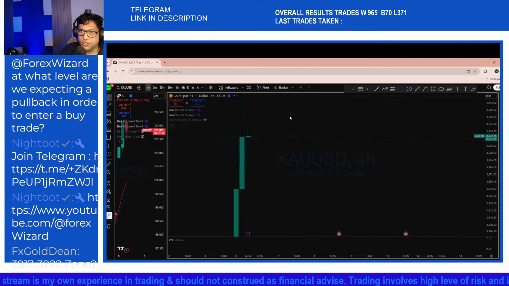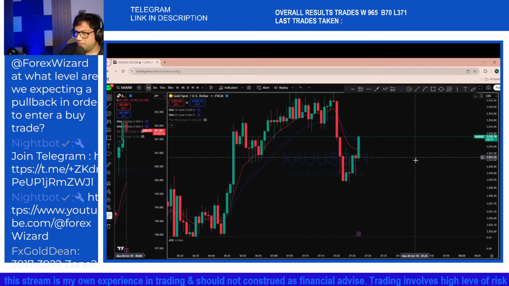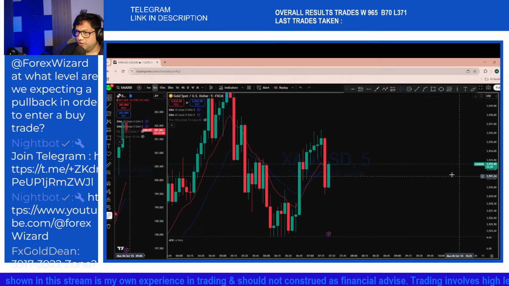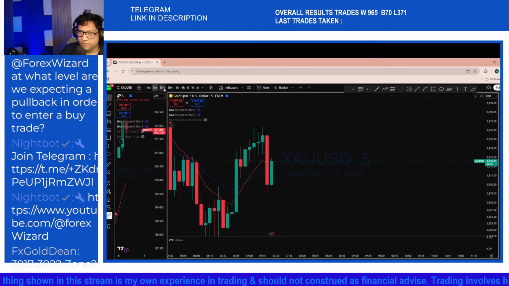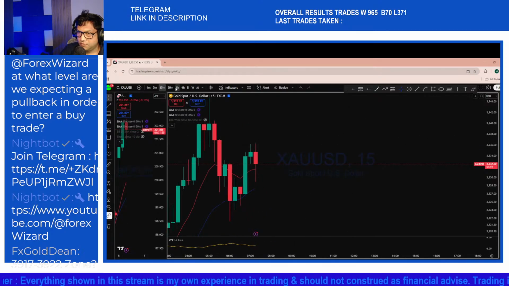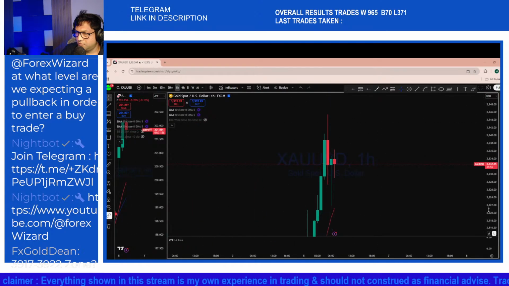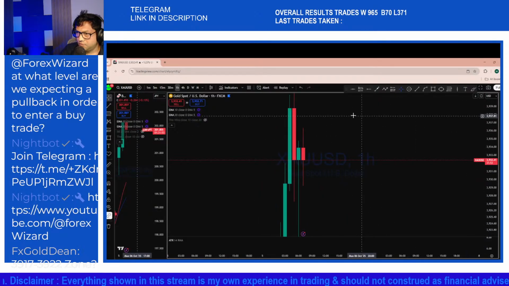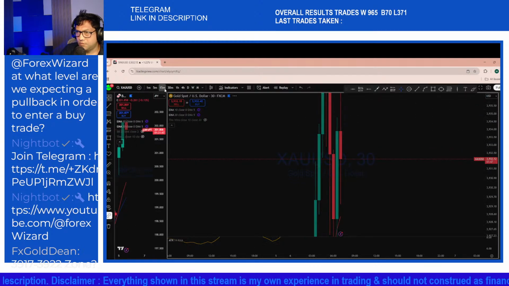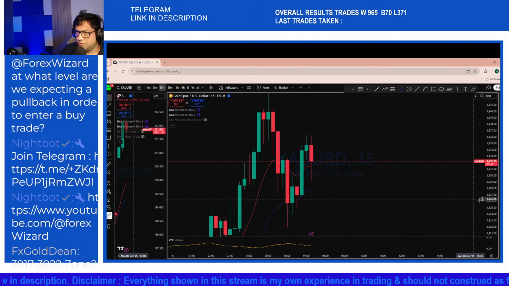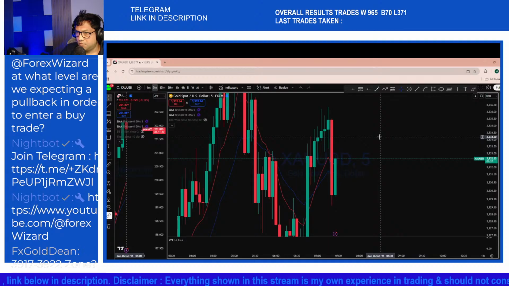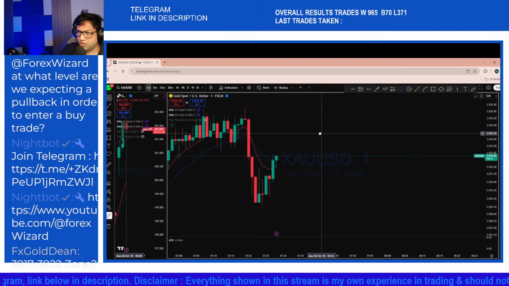The current session low that you can see on this lower time frame, there was a breakup structure here, and it's just pushing back again in that area. We're going to see a bounce. Let's wait for the lower time frame here.